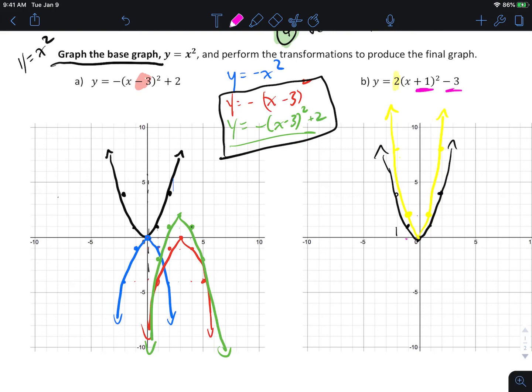Left 1, down 3, right? Left 1, down 3. 1, 2, 3. And then it's symmetrical, so I know that one is going to go there. And then I do the same thing here. Left 1, down 3 to 5. Left 1, down 3 to 5. Right? So there's your base graph. There's your final graph. So that's me combining transformations there. Okay.